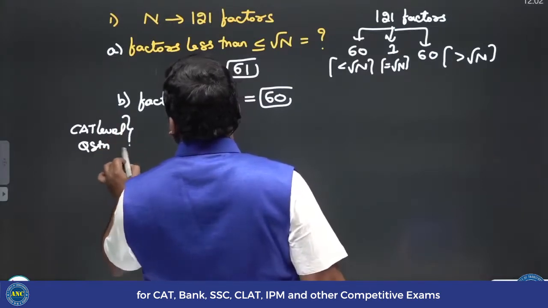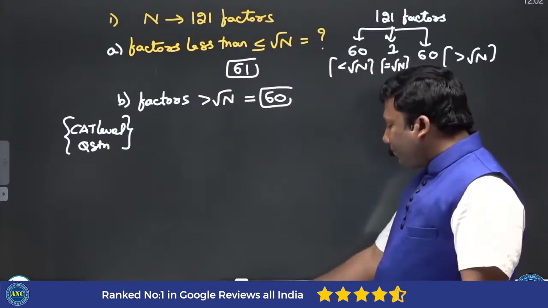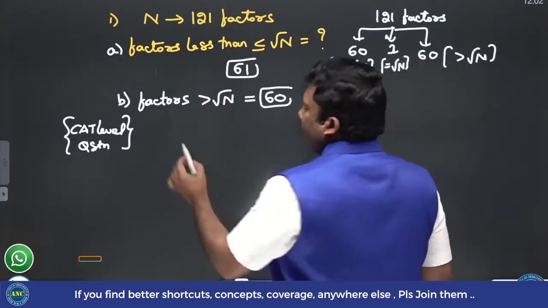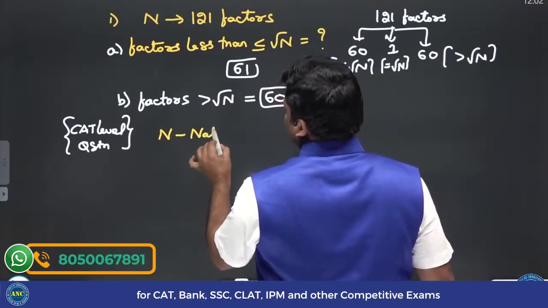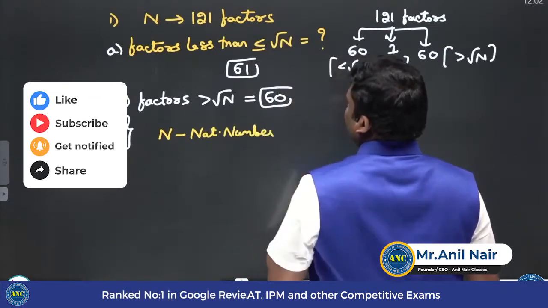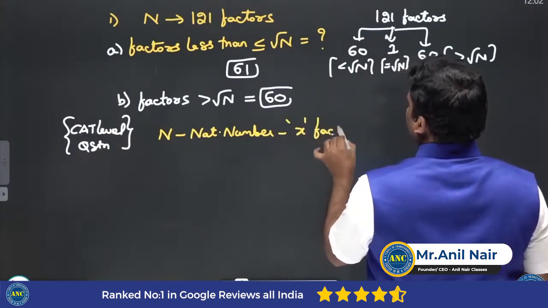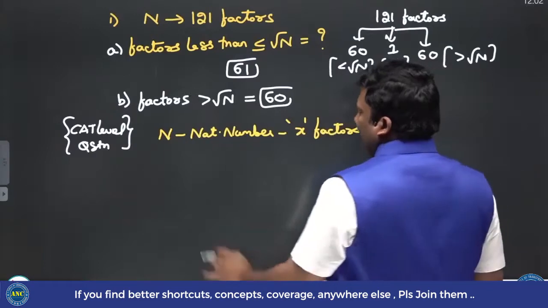Next is a CAT level question. Listen carefully, sir. Beautiful question it is, probably the best question of the day. The question is: there is a natural number n which has got x factors.